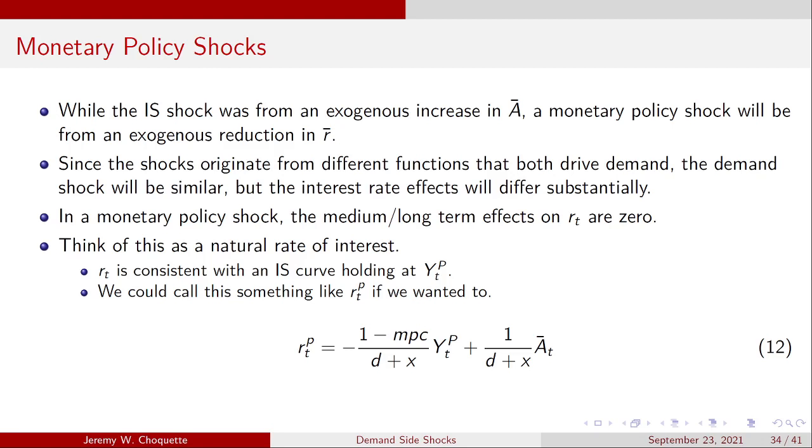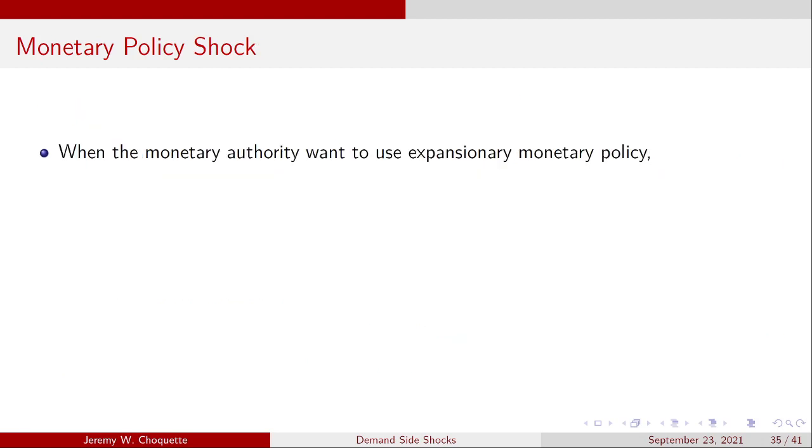Anyways, this is what our resting natural interest rate, whatever you want to call it, is going to be defined by. Note that this equation doesn't depend on R bar, so the autonomous monetary policy stuff is not driving it. Well, it'll probably be monetary neutrality, wouldn't it? Yes. The answer is yes.